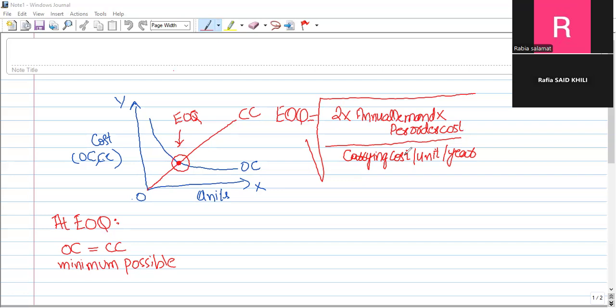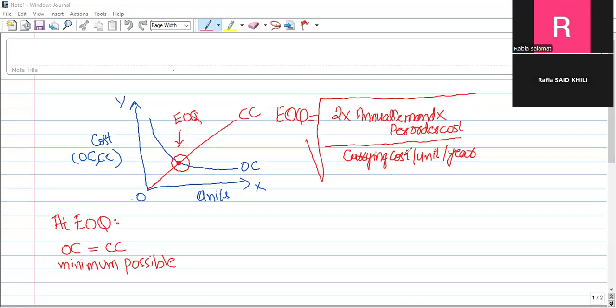So the carrying cost is per unit, but per year, per annum. If it is given per month, we have to convert it to yearly. There is no change in formula values. If it is required annually, we should put the annual value. So all the elements which are required annually should be annual.